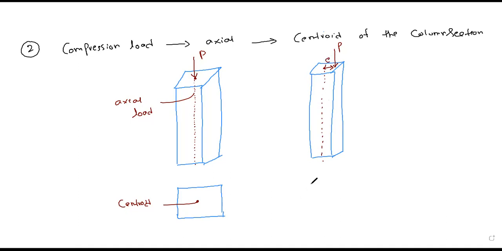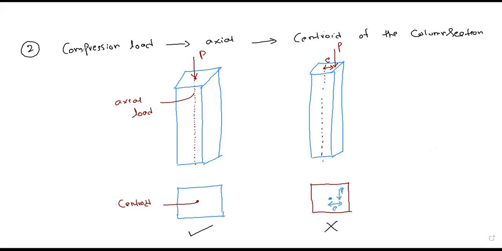If you take your section, this is your centroid and the load is acting here, so there will be an eccentrical distance. These cases are not supposed to be considered.